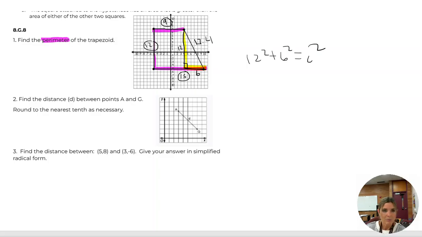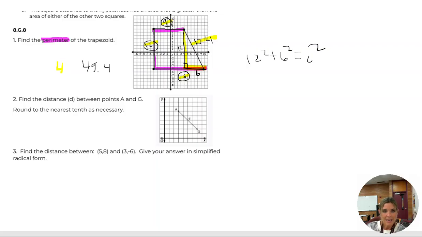So to find the perimeter, I am going to add 9 plus 12, which is 21. 21 plus 15, which is 36. 36 plus 13.4 is 49.4. That is the perimeter, 49.4.